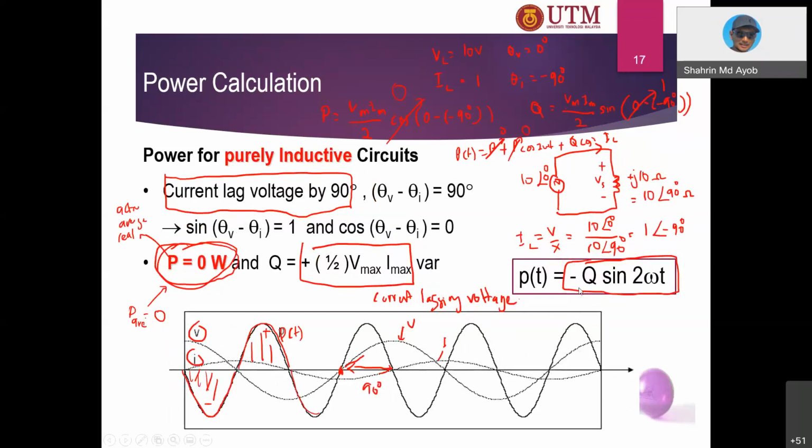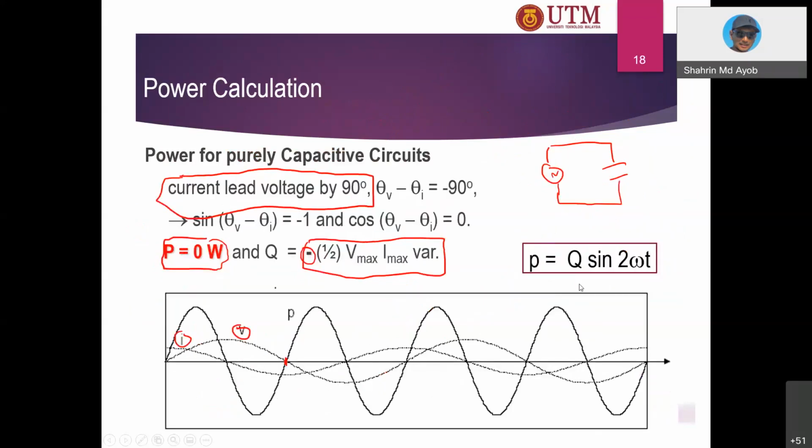And this is your instantaneous power. And for the capacitor, your Q is negative, and this is the equation for your instantaneous power. As you can see here, this is your p(t). The area up and down here is equal.